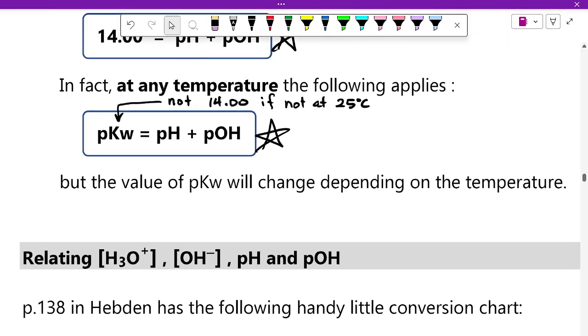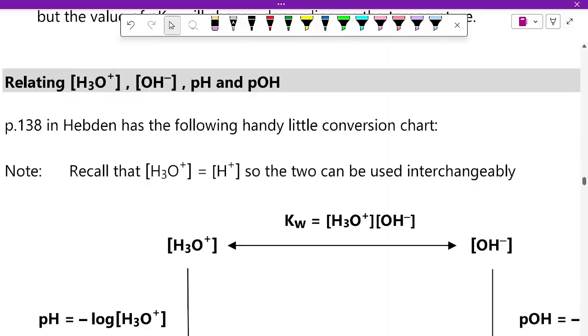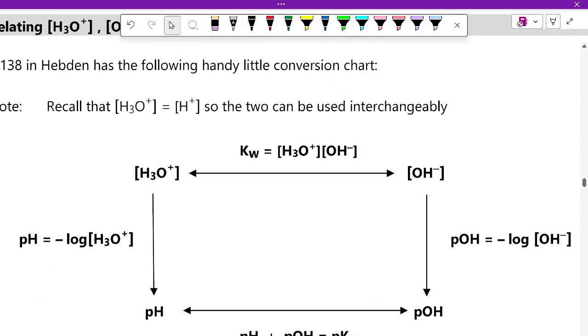Okay, so Hebden on page 138 has the following handy little conversion chart. If you're into memorizing all of these things, you might commit this little table to memory. We're going to add on to it though.